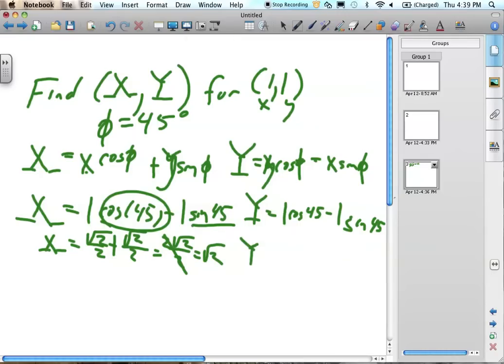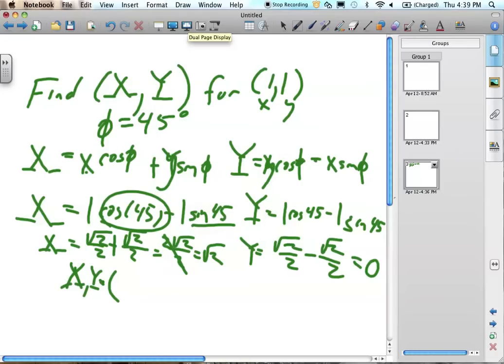And then my y-coordinate is going to equal 1 times the square root of 2 over 2 minus the square root of 2 over 2, which is 0. So my rotated x and y coordinates now are going to be square root of 2 and 0. And that's how you do that.